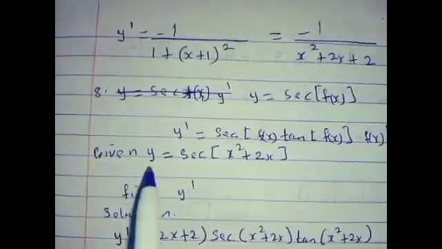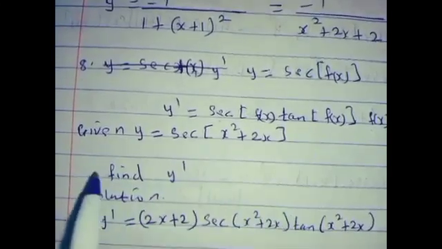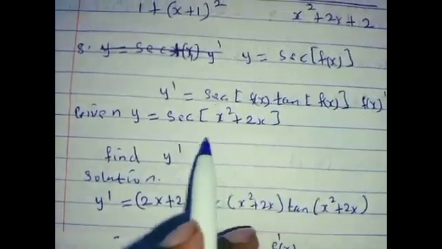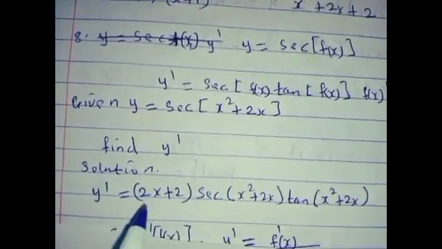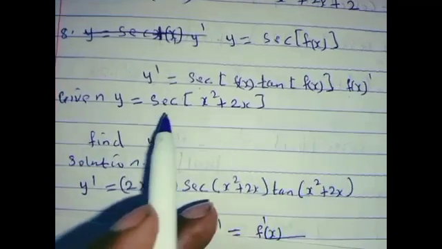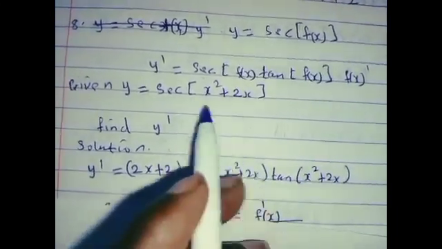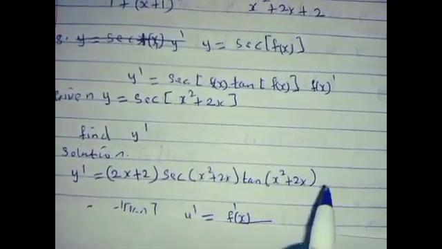Example: given y is equal to sec of bracket x squared plus 2x, find y prime. You differentiate whatever is in the bracket, so x squared plus 2x gives us 2x plus 2. Then sec differentiated is sec of x squared plus 2x multiplied by tan of x squared plus 2x.